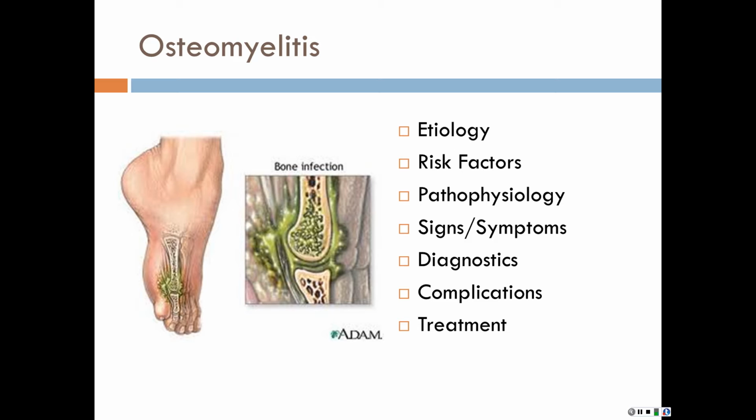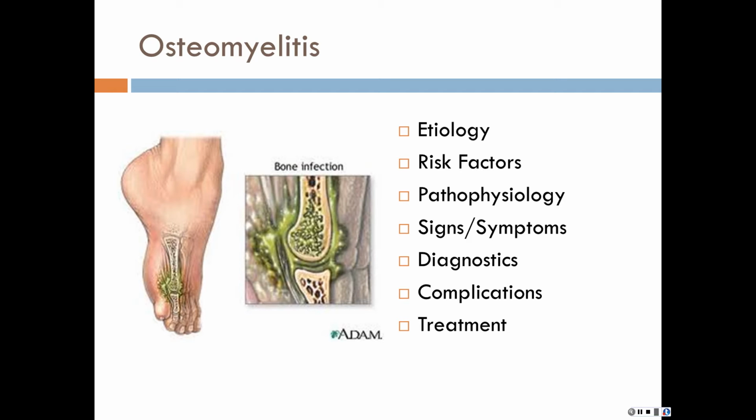Risk factors: it most often happens in young children, so less than 16, and that's our hematogenous osteomyelitis, or greater than 50, and this is a lot of times with that contiguous spread because you think of people with chronic diseases like diabetes. So less than 16 or greater than 50 with some form of vascular insufficiency.